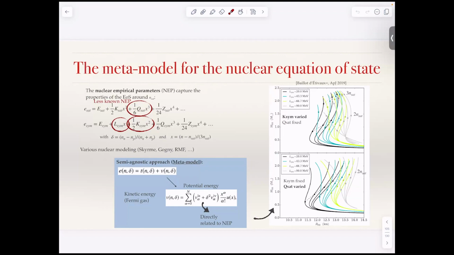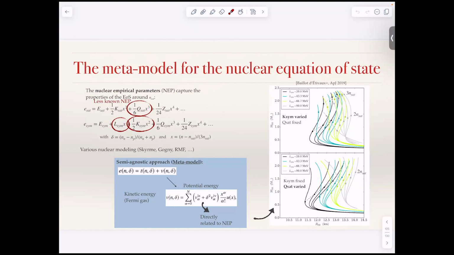It is a class of model that belongs to the density functional theories, and which captures in a quite analytical way the essence of your prediction based on the microscopic approach. So it's an emulator that speeds up your microscopic approach.